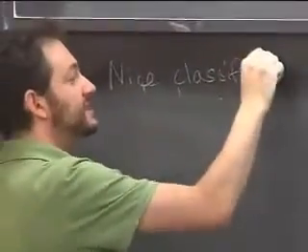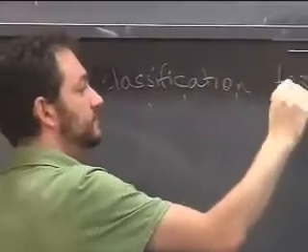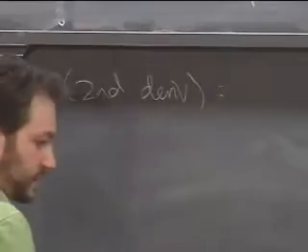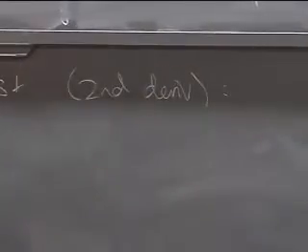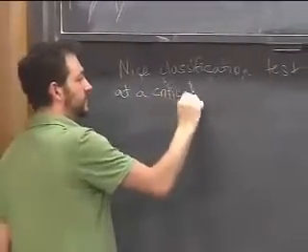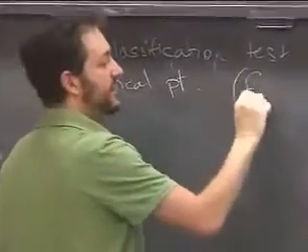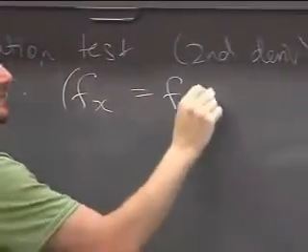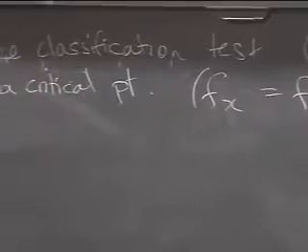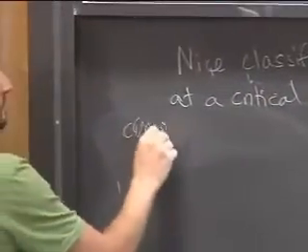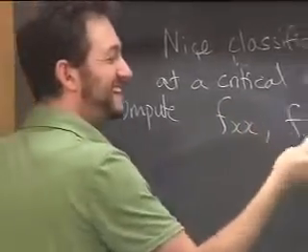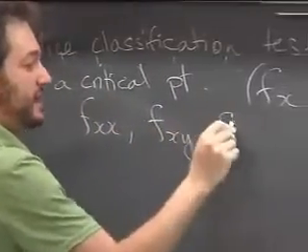So here is the nice classification test. Here's the analog of that second derivative test, using the second derivatives. All right, here's what you do. Both partial derivatives equal 0, so they both need to be 0 in this particular test. What you do is you compute all the second derivatives: fxx, fxy, fyy.